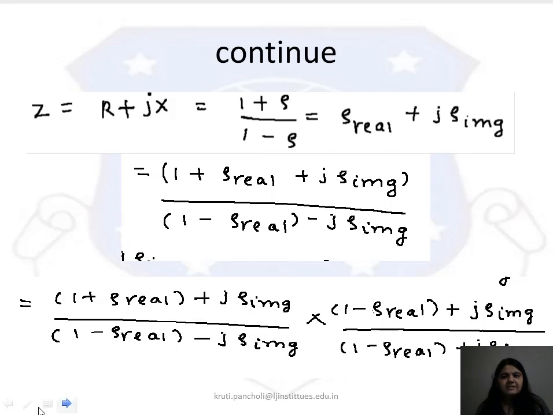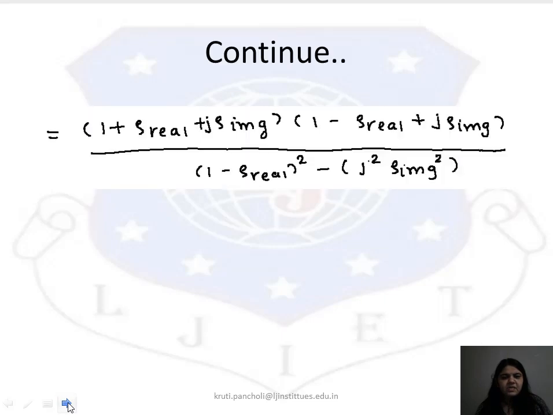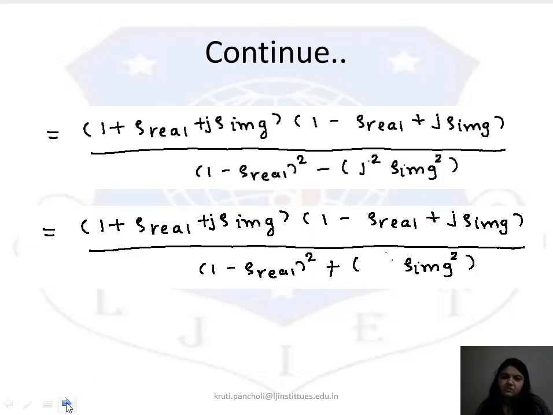So we can write the equation with the numerator 1 plus rho real plus j rho imaginary times 1 minus rho real plus j rho imaginary, divided by 1 minus rho real square, a square minus j square rho imaginary square. What is j square? j square is equal to minus 1. So we put the minus 1 over here, minus minus plus.